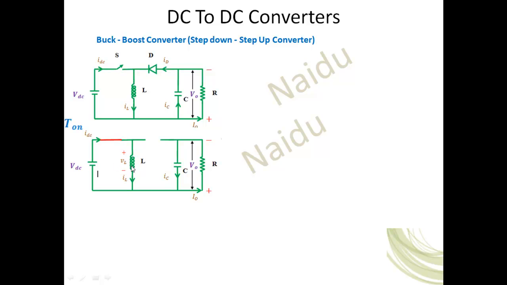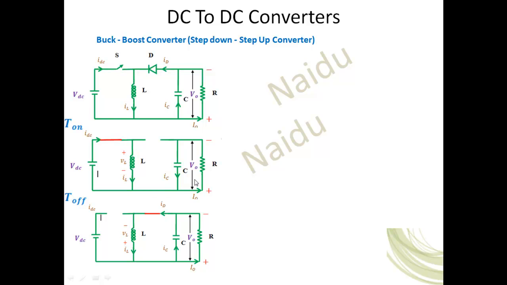Now the inductor is getting charged during this time, and the capacitor, which was already charged in the previous pulse, will supply the energy to the load with a constant current. This circuit is exactly similar to the boost converter during T on. Once the inductor is charged, if you turn off the switch, the inductor current will force the diode to turn on. Now the inductor will supply the energy to the load.